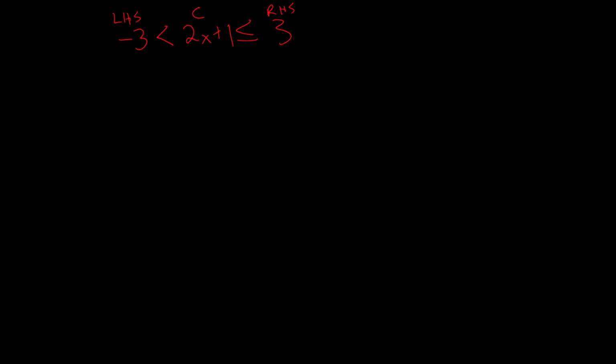And so I want to get x on its own, so I'm going to subtract 1. And I'm going to have to do that from each side. And now I'm going to divide by 2. And I've created the boundaries for x.